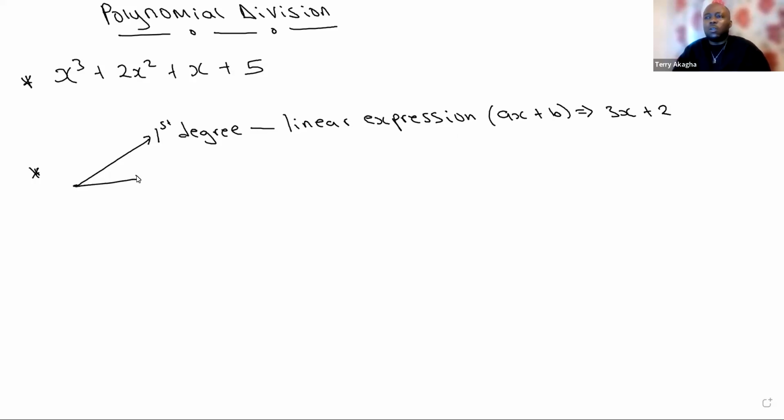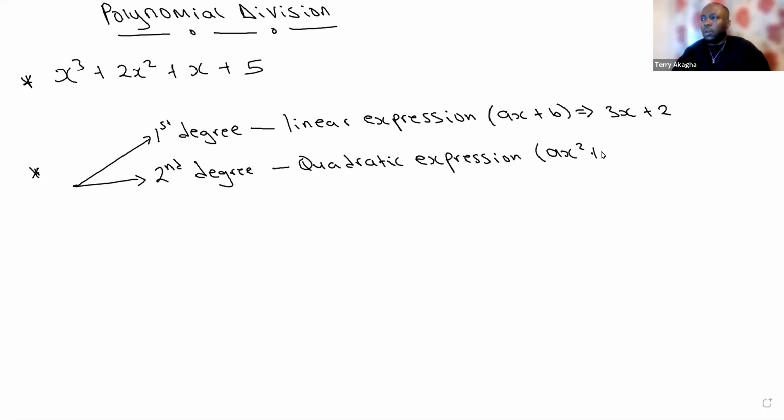Now, another one, which is one of the most popular polynomials, is the polynomial to the second degree, otherwise known as a quadratic expression. It's in the form of ax squared plus bx plus c.